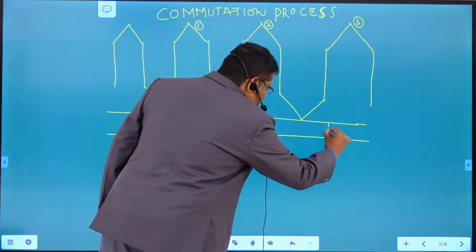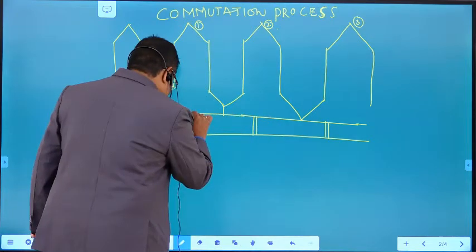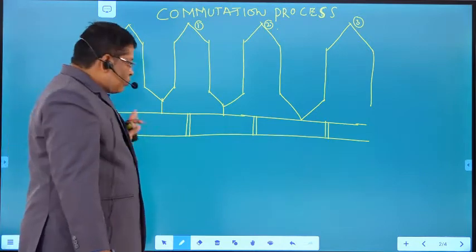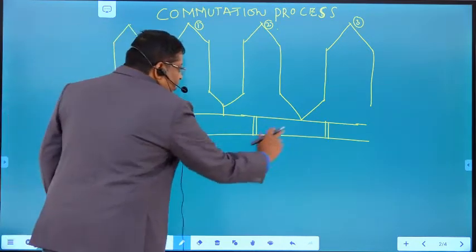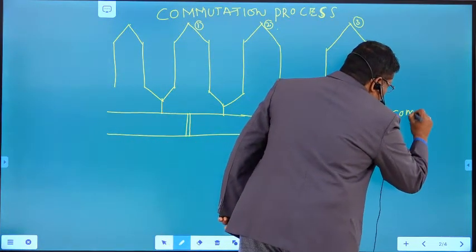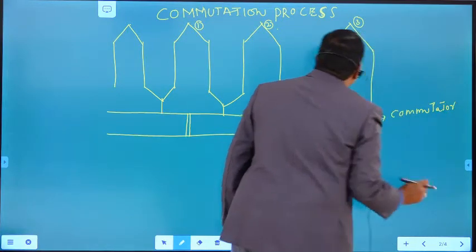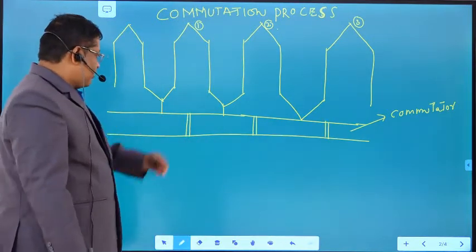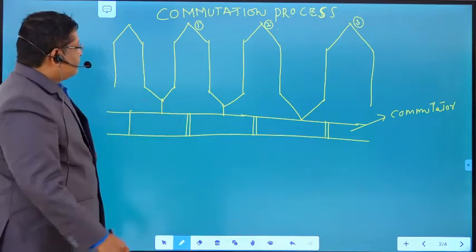This is the insulation. There is no electrical connection between any two commutator segments. This is nothing but a commutator. These are the coils; in this case, we have taken 3 coils connected to the commutator segments, in this manner.